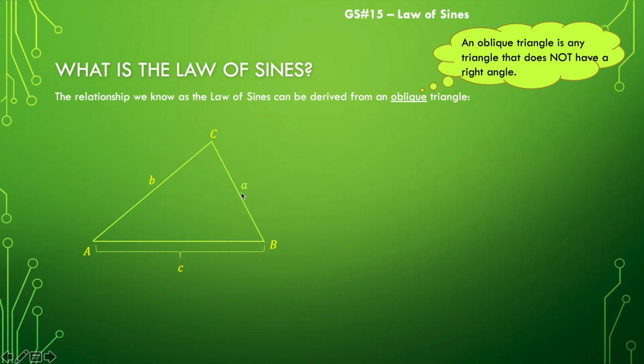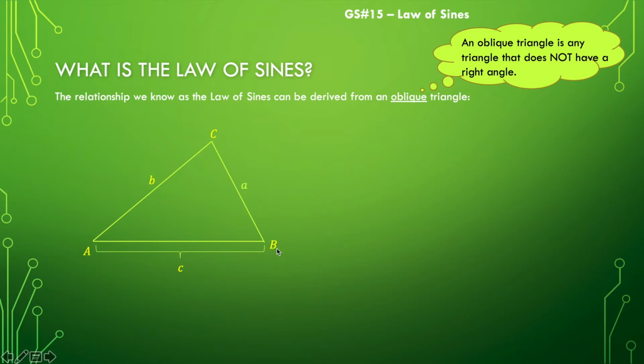Just one is capital and one is lowercase. And that is true for all three of our side and vertex pairs. That is convention. Even if it is not labeled that way, you can make that assumption. So we'll probably use that in a little bit.